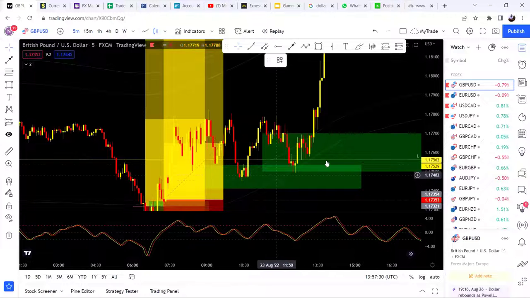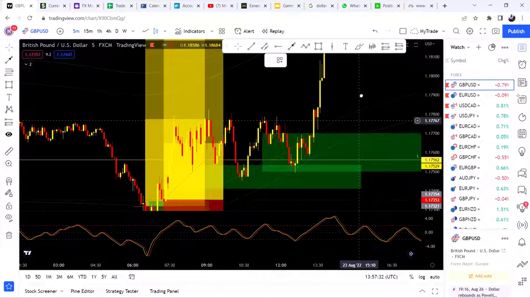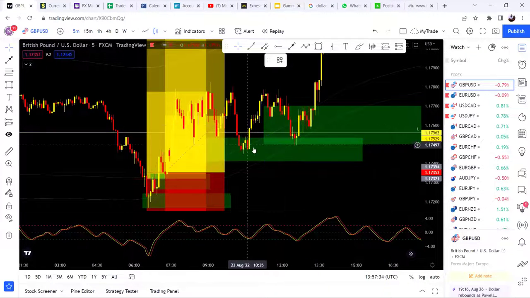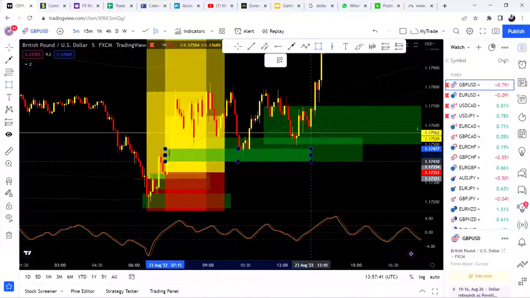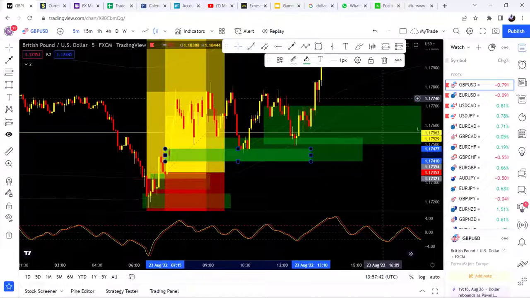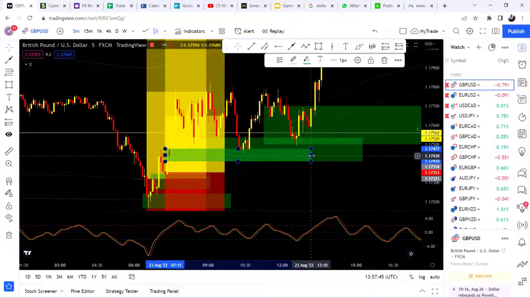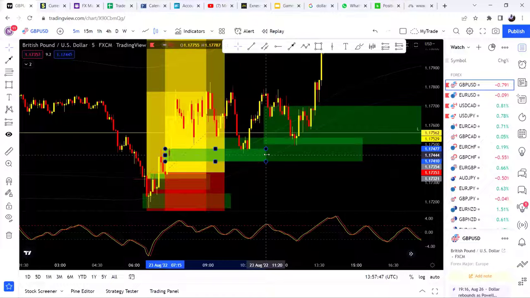Then I also had this zone, so I was thinking I'm going to enter. The entries will be probably 1, 2. And when I look at the 5 minutes, there is one nice bearish candle there. So that's where I'm going to wait for price to give me an entry.